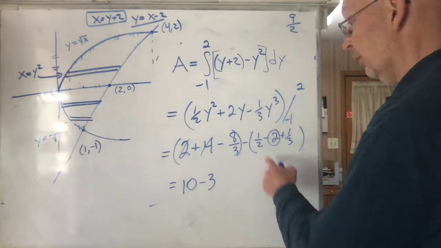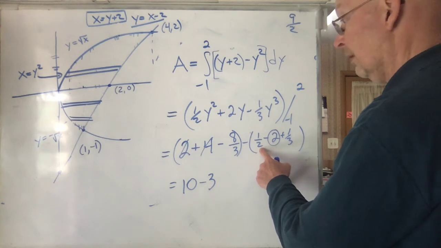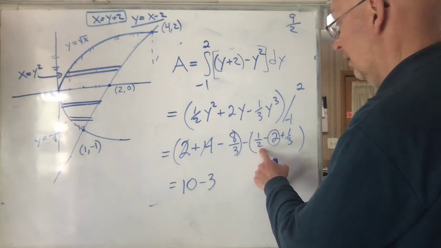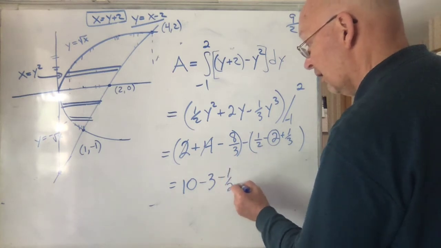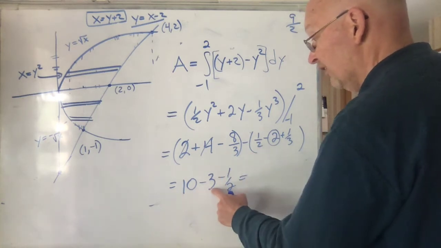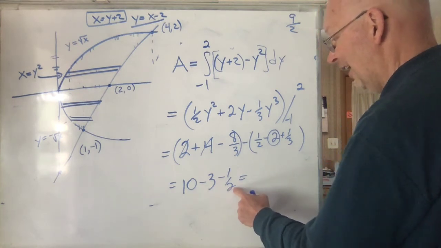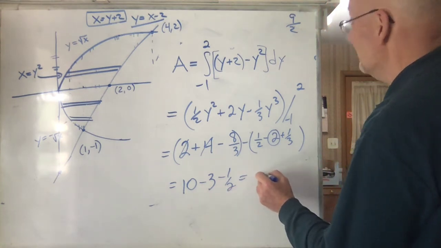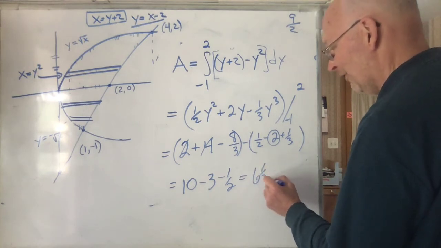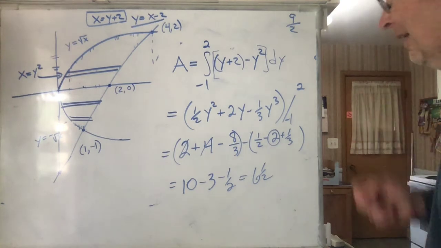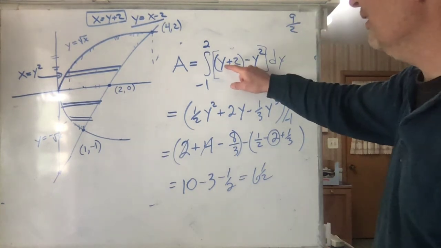And then finally, we're going to have a -1/2. So 10 minus 3 is 7. 7 minus 1/2 is 6.5. Dang, is 6.5. Where did I make a mistake? I remember that the answer is 9/2, so I made a mistake here someplace.